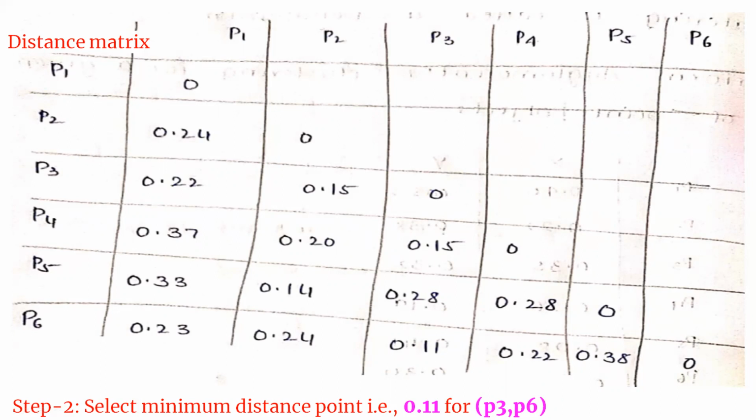After calculating the distance, what do we have to do? You need to construct the distance matrix. In this distance matrix, on the x-axis and y-axis, you need to maintain all 6 points, and all the diagonal elements you need to keep as 0. Later on, we have calculated the distances, right?